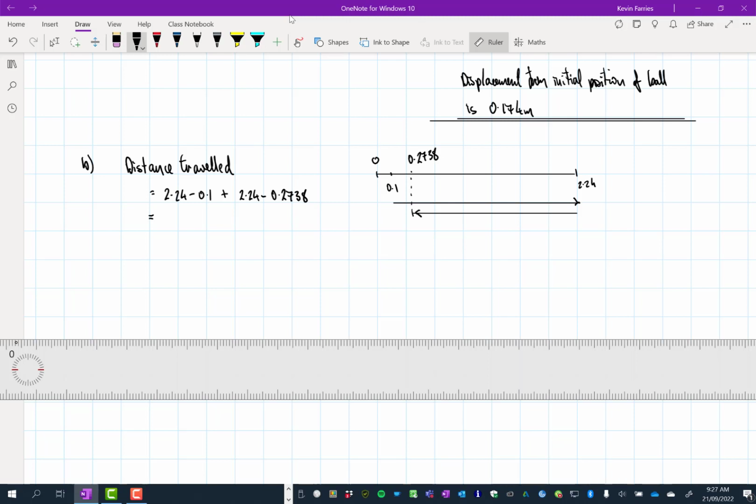Now maybe is the way you need to do it. So it's total, it's travelled 4.11 meters. The pool ball travelled. Just checking that answer. 2.24 minus 0.1 plus 2.24 minus 0.2738. Yep. 4.11 meters in total.